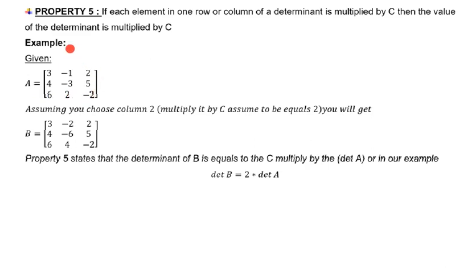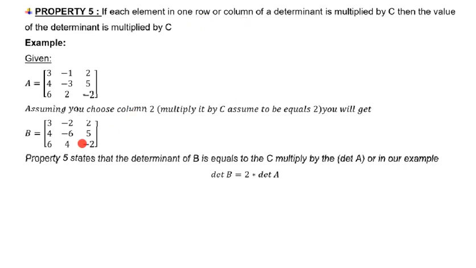So, kukunin natin yung next matrix, let's say yung matrix B. And then, yung matrix B daw natin is nakuha sa matrix A na yung each element in one row or column.